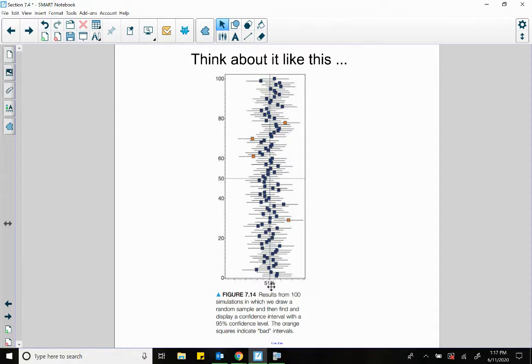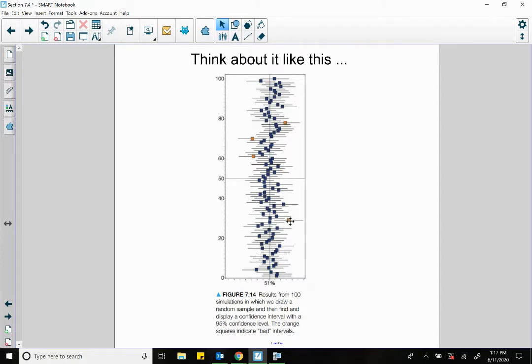Notice I ran this 100 times. How many times did my interval not contain the population proportion? 4 times. That's what these orange pieces are. That means out of 100 times, 96 of them had an interval with the proportion in it.